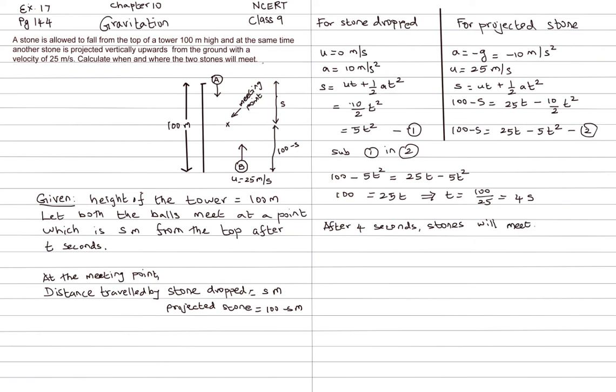Now we have to find where the two stones will meet. Let us substitute t equal to 4 seconds in equation 1. So S is equal to 5t square, which is equal to 5 into 4 square, which is equal to 5 into 16, which is equal to 80 meters.